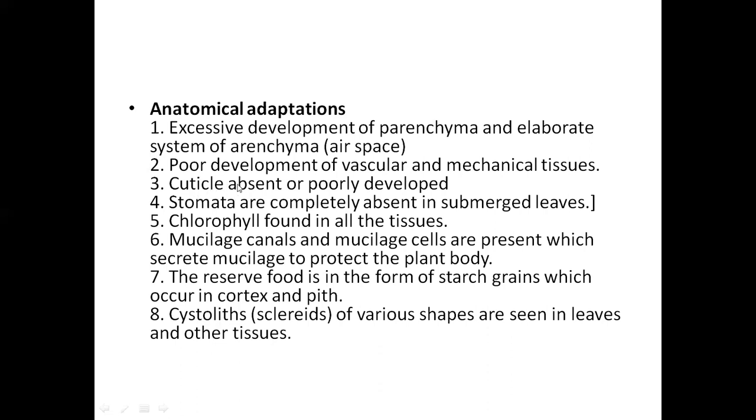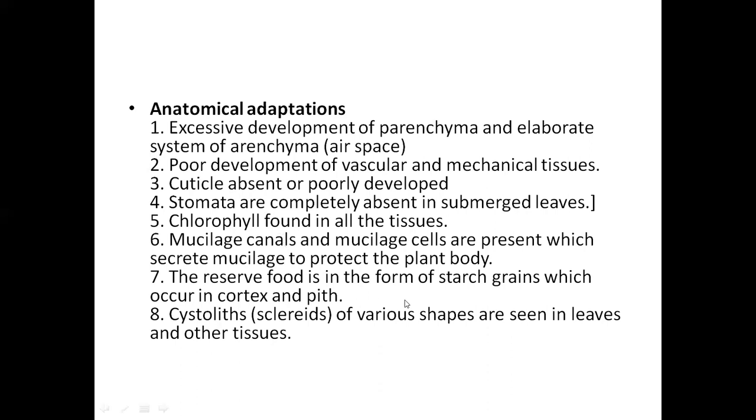And cuticle is absent or poorly developed. And stomata are completely absent in submerged leaves. And chlorophyll is found in all the tissues, because they need photosynthesis to the maximum level. So all the plant parts usually contain chlorophyll. They appear green in color.